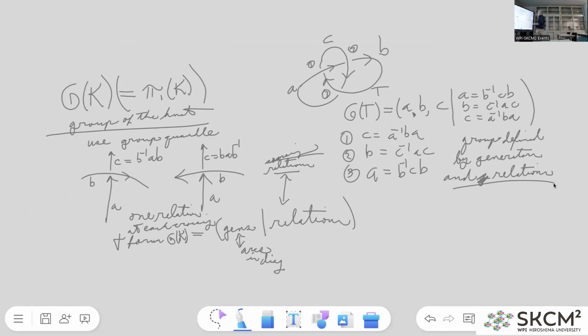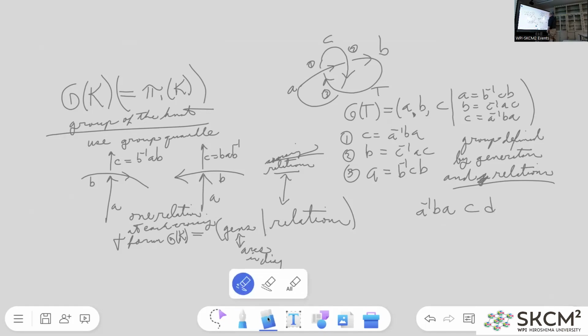You could write down something like, for example, A inverse B A C D D A B A. You just write down all possible finite words that you could.